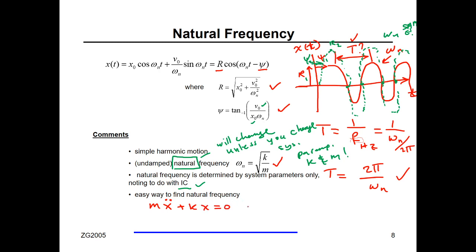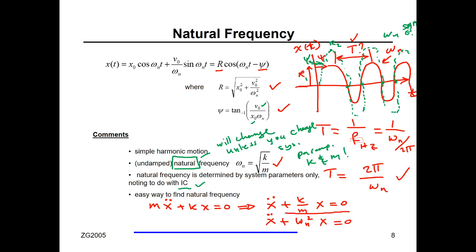Okay, this is your equation of motion. If you divide the whole equation by m, what will happen? It will be x double dot plus k over m times x equals 0. Did you see this before? Yes, this is the natural frequency squared.